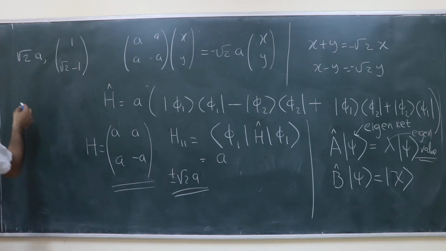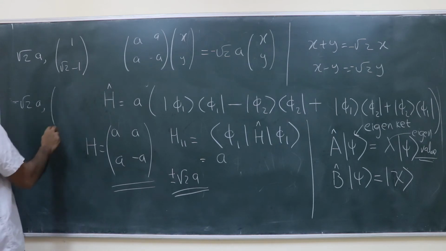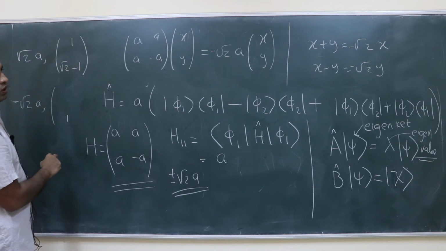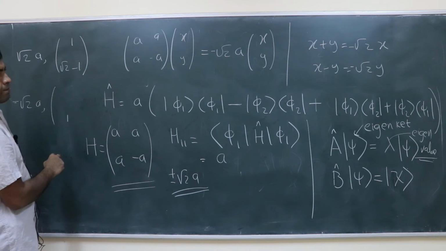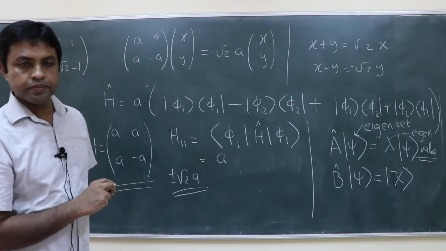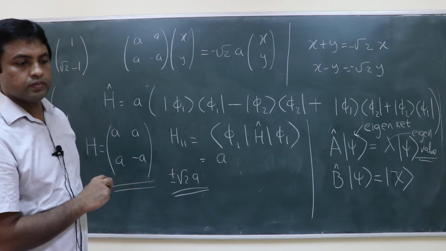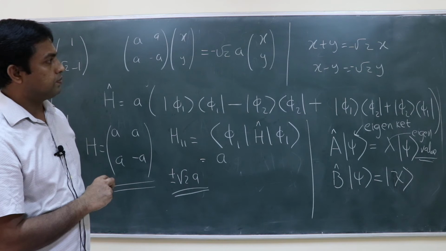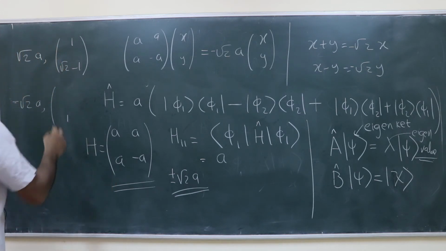So if you put y is equal to 1, for minus root 2a, what is x? You get 1 minus root 2, or minus 1 minus root 2.